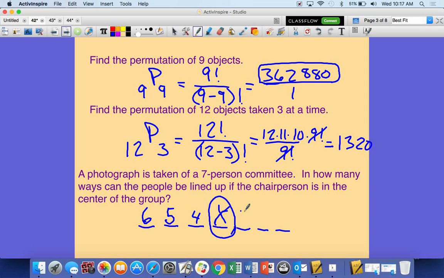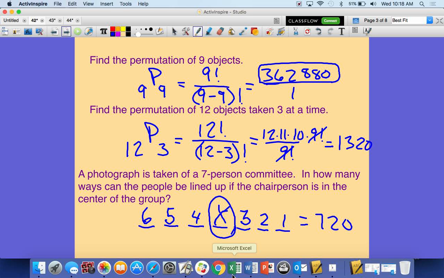Left after that would be a 3. After that is a 2. After that is a 1. So really what we end up having here is 6 factorial, which is 720 different ways that those 7 people can sit there, considering the chairperson has to be in the middle of the group.